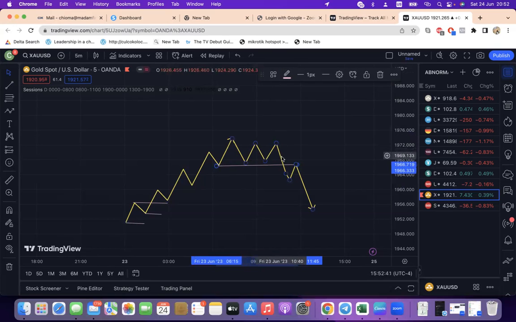It just came down and broke here. This is where you have your change of character. Now, your change of character is what you use to identify when there is a change of direction of the market, when the market is about to flip.